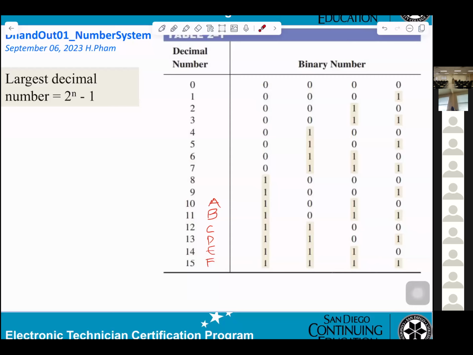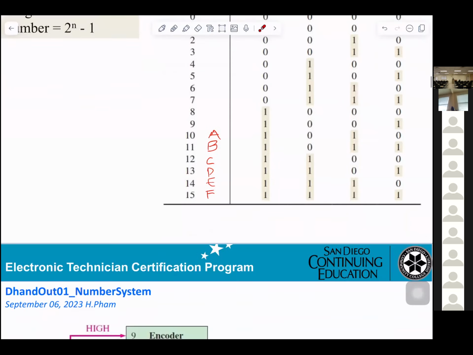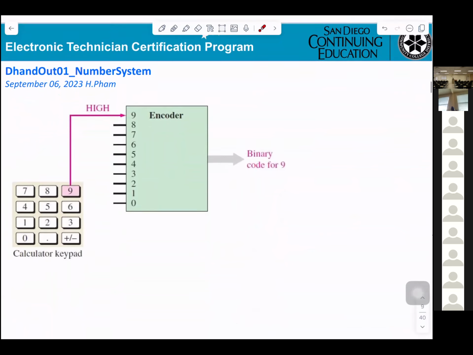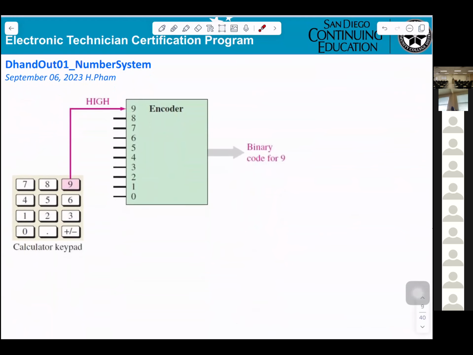And this is a binary number: 1 bit, 2 bit, 3 bit, 4 bit, 0, 0, 0, 1, number 1, 2, 3. If you want to see the conversion, you can look into the table. You don't have to memorize it. However, 4 bit, better memorize it. This is for your knowledge.